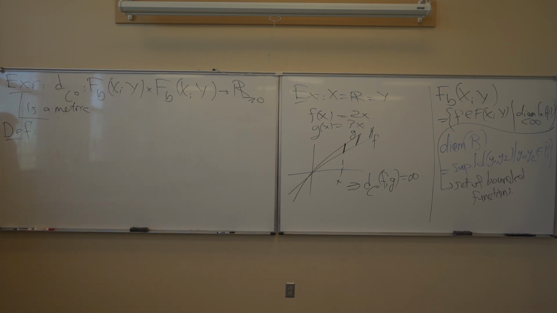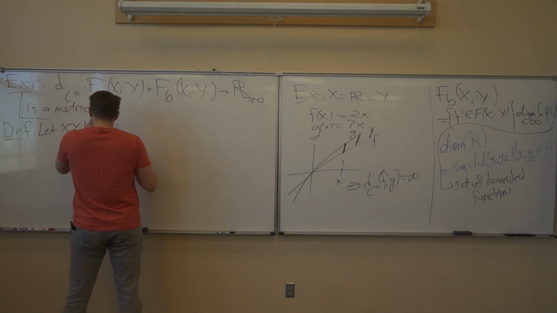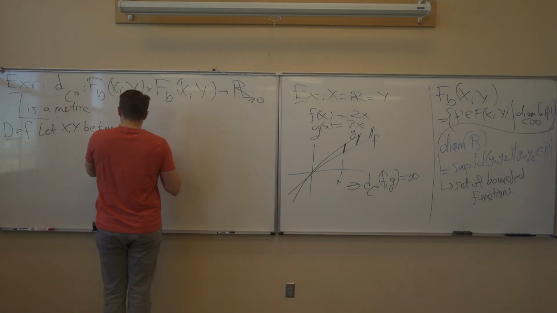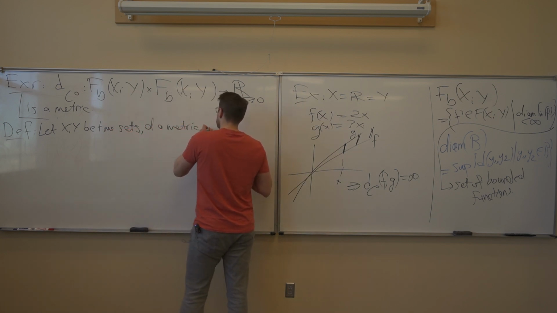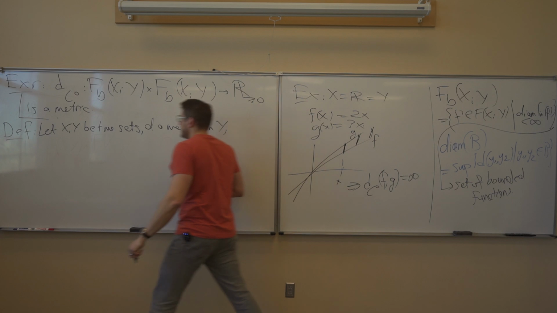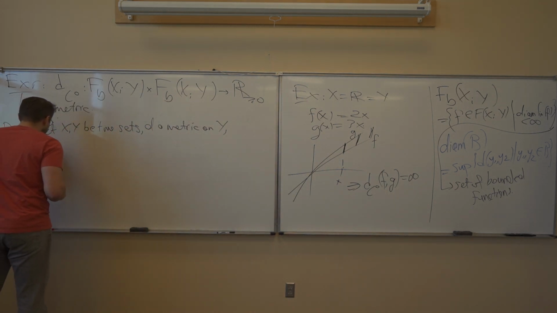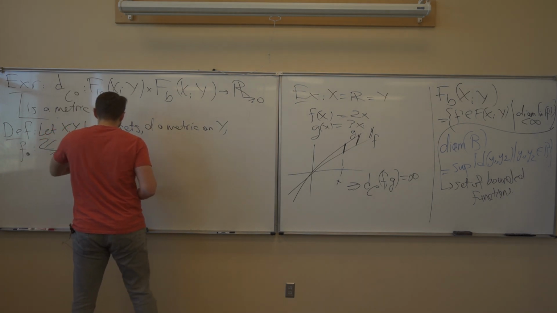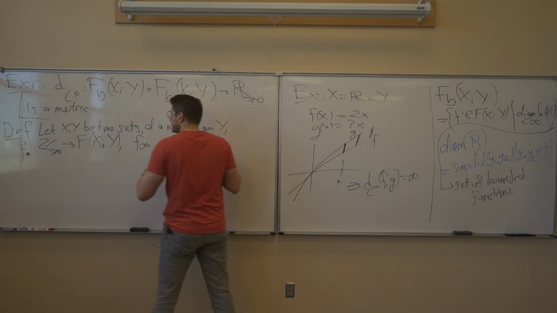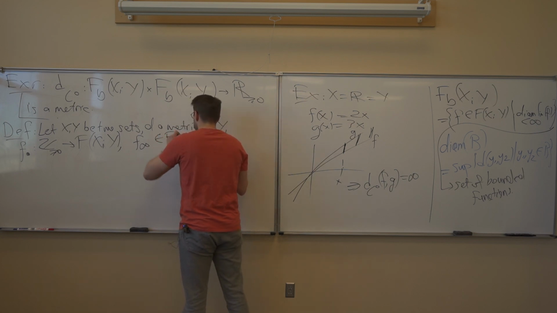I take two sets and a metric on the target set. And let's say that I have a sequence of functions from X to Y, and then let's say that I have some other target function, f sub infinity.